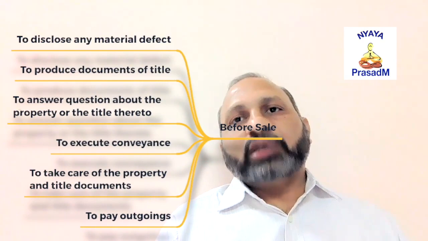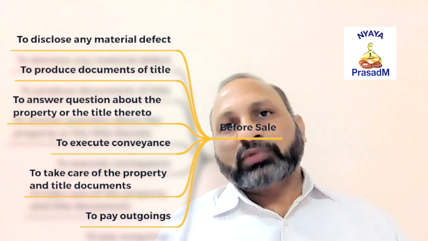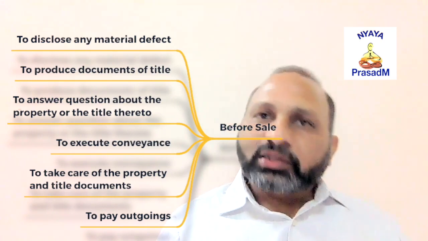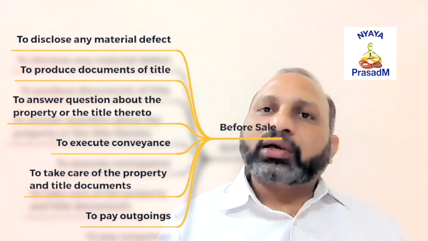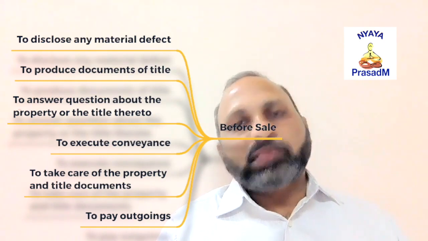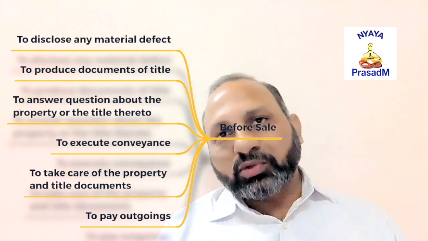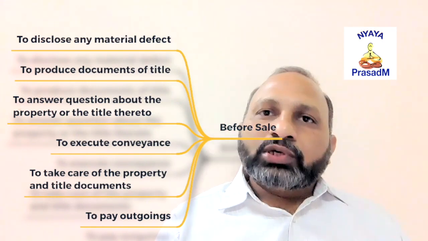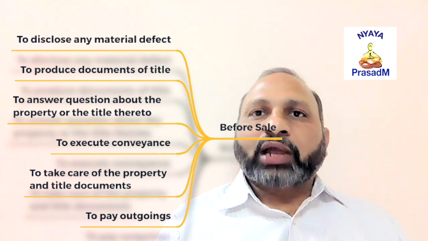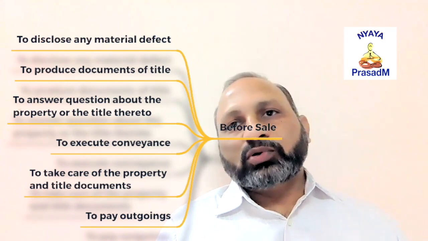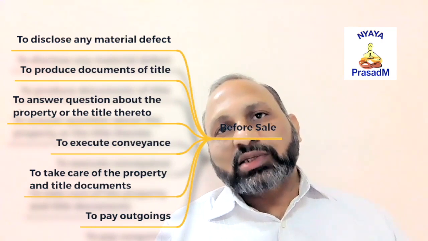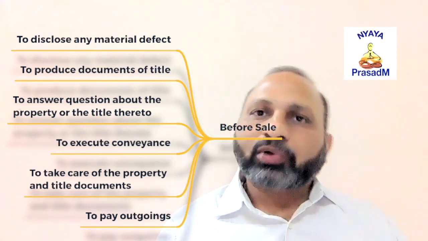In the event there are any disputes with the court of law or with anybody else, or any other matter which the buyer needs to know, he must disclose those aspects to the prospective buyer. The second duty is he must provide the document of title.